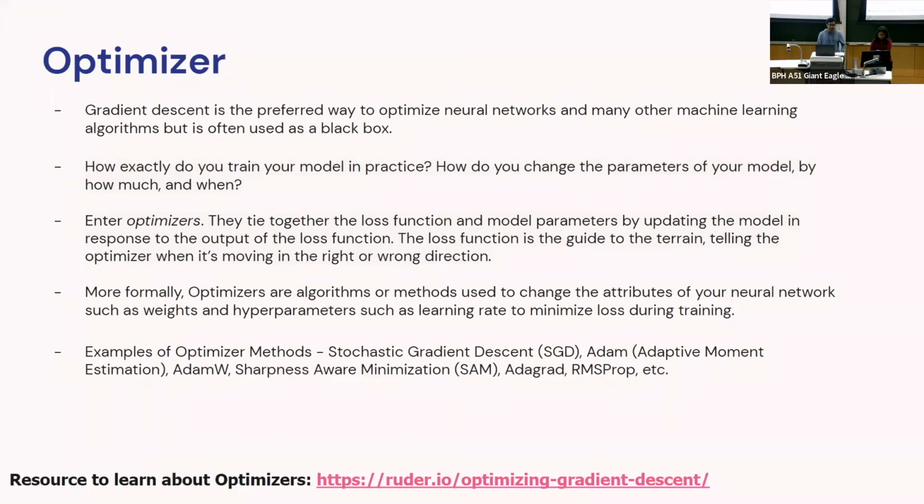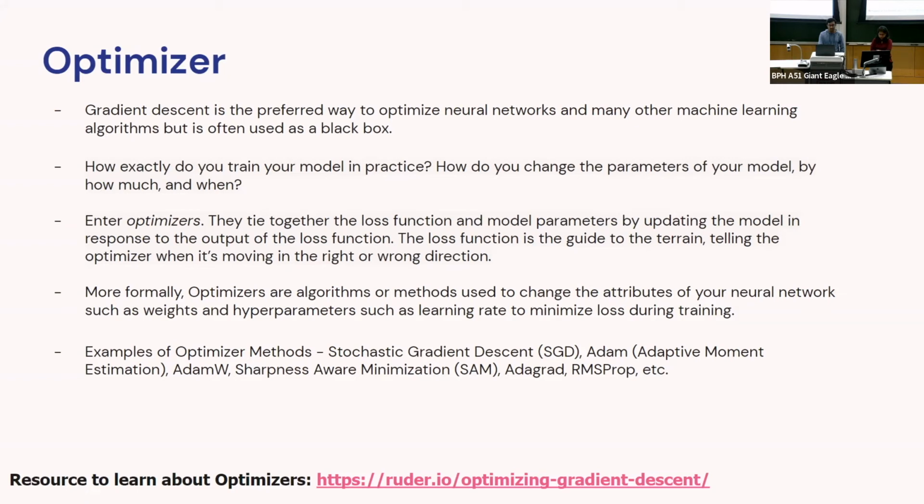Gradient descent is kind of the black box. There are more complicated methods built on top of it. Some of them, as you know, are stochastic gradient descent, Adam, AdamW, Adagrad, RMSprop, and sharpness aware minimization. Adam, stochastic gradient descent, Adagrad, and RMSprop will be covered by the professor in more detail in a few lectures, but you're free to explore what they do in PyTorch's documentation.